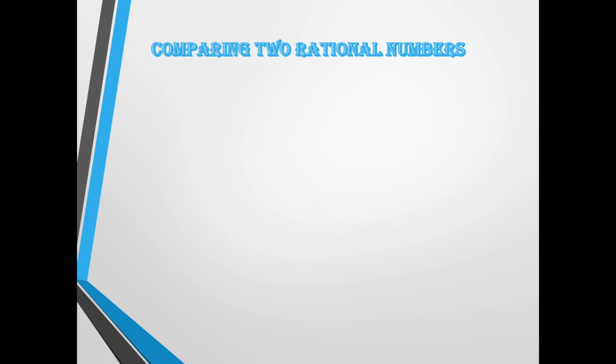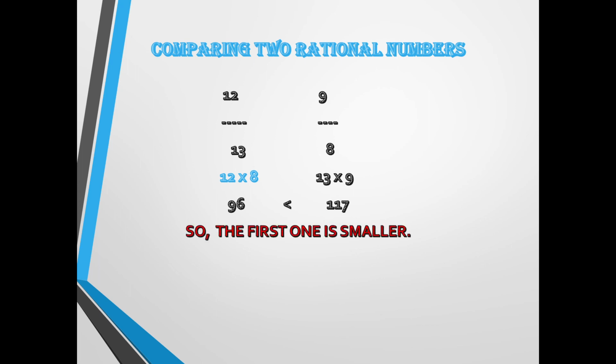Let us take another example. Suppose 12 by 13 and 9 by 8. These two rational numbers, how to compare? Now multiply 12 and 8, and 13 and 9. Now 96 is smaller than 117, as we multiplied 12, the numerator of the first, with 8, the denominator of the other, and 13, the denominator of the first, with 9, the numerator of the second.